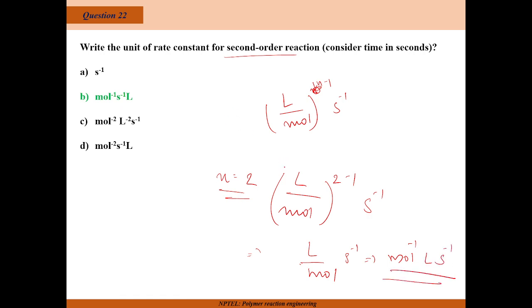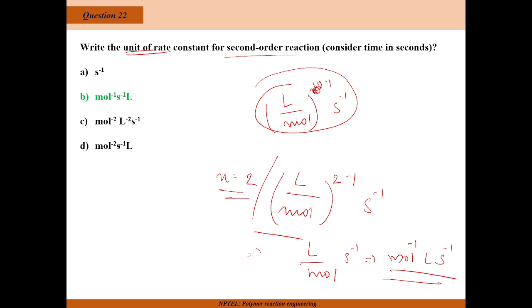This is the general formula one can use to calculate the unit of rate constant. This is a very typical question that will be asked in chemistry. So it is liter by mole to the power n minus 1, times s to the power minus 1, where n is the order of reaction.